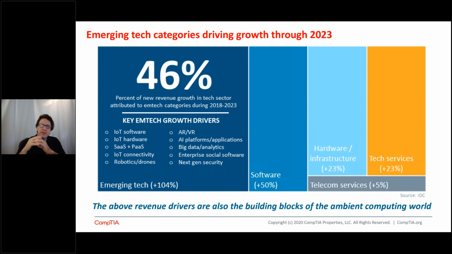So you basically have all these technologies, IoT, right? But the cloud, software as a service, platform as a service, robotics, drones, AI, they are all driving business growth. And this is a global survey that we did, so it's not just relevant to the US, it's relevant worldwide. These are revenue drivers, but they're also drivers of ambient computing or the fourth industrial revolution, okay?